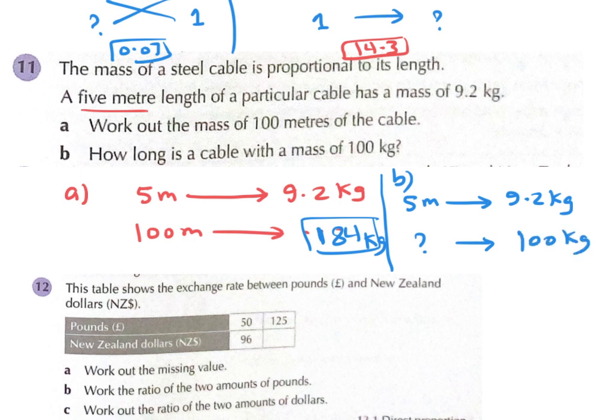So we need to cross multiply. 100 times 5, which is 500, divide by 9.2. 100 times 5 divide 9.2. 54.3. Do you agree? Yes.